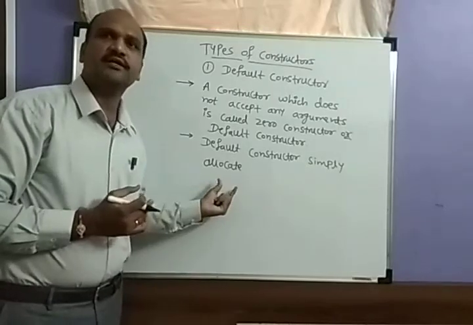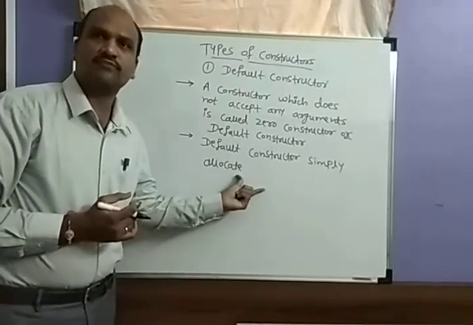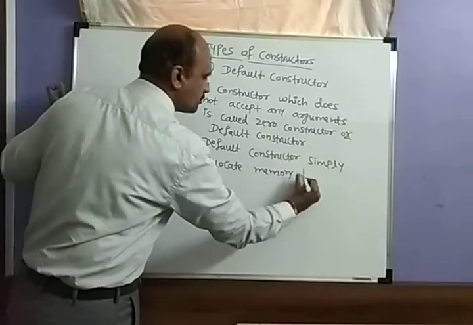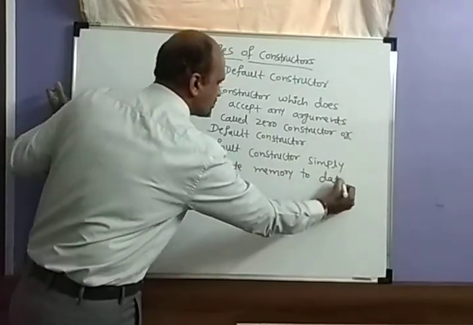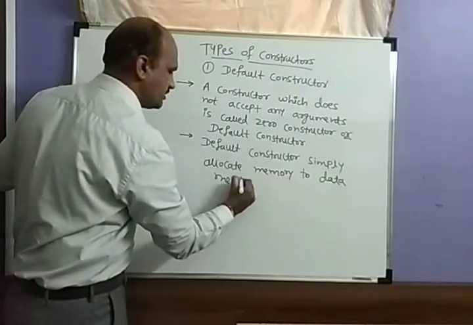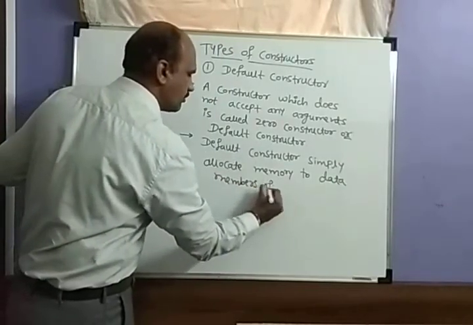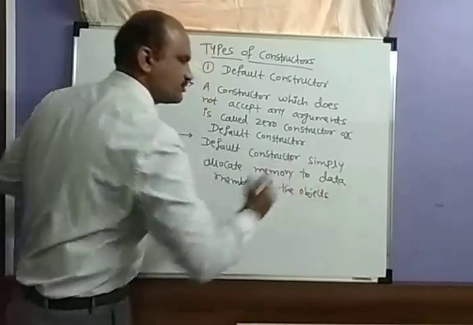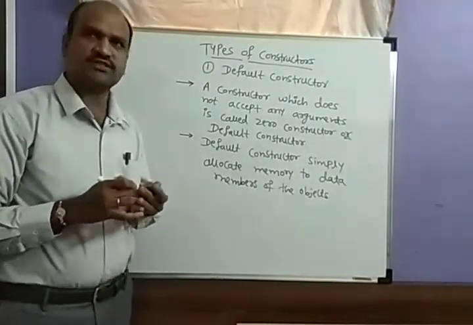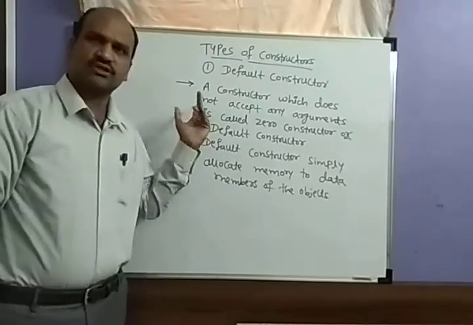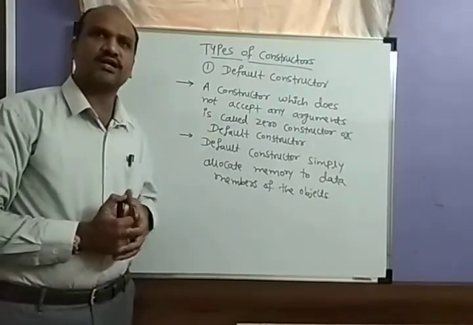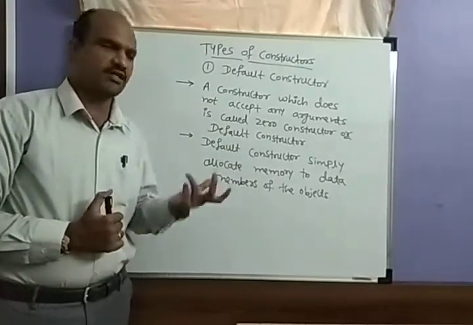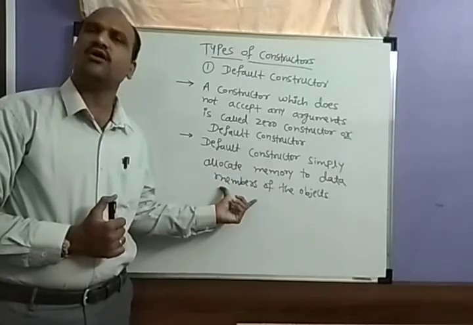So it will allocate memory to the data members of the object. So these are the two points you should remember. The first one is the definition, which does not have any arguments. And the second one, the default constructor will allocate the memory for the data members of the particular objects.